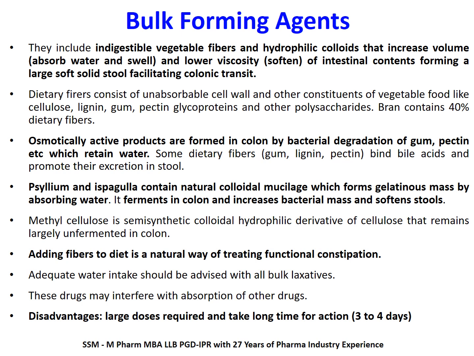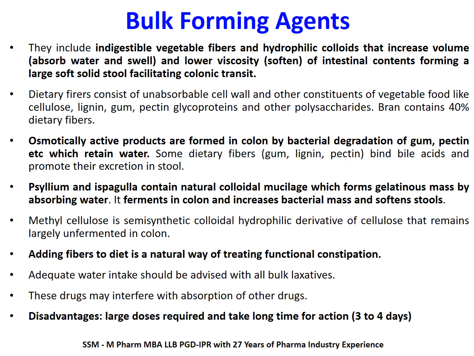By forming large, soft, solid stool, they facilitate colonic transit. Dietary fibers consist of unabsorbable cell wall and other constituents of vegetable foods like cellulose, lignin, gum, pectin, glycoproteins, and other polysaccharides. Bran contains about 40% of dietary fibers.